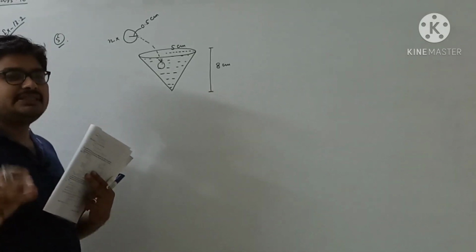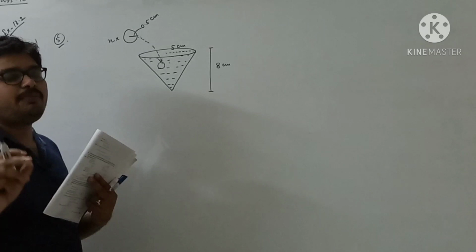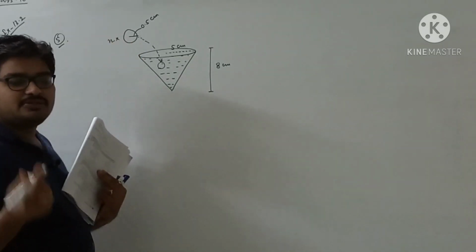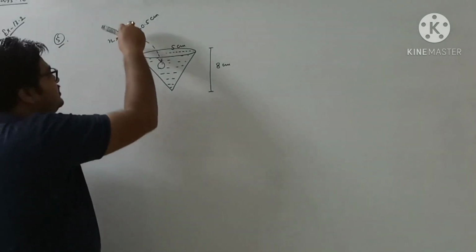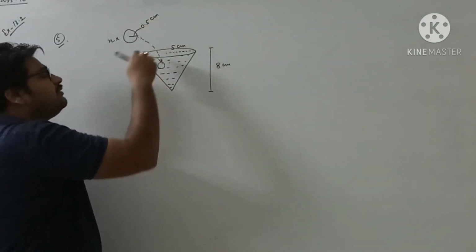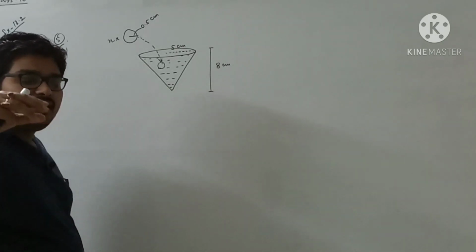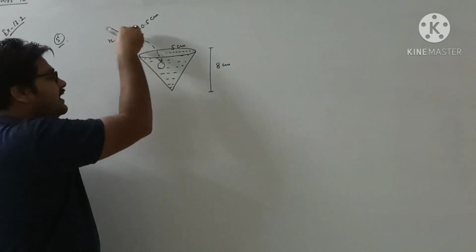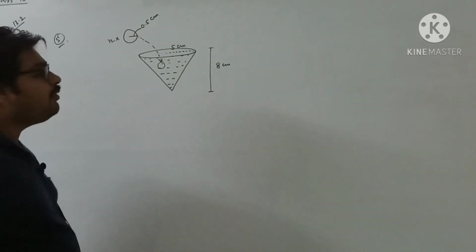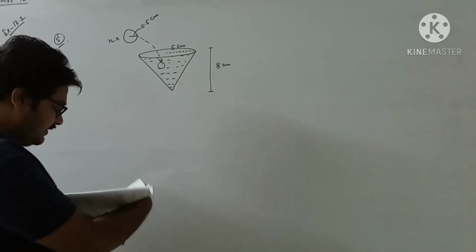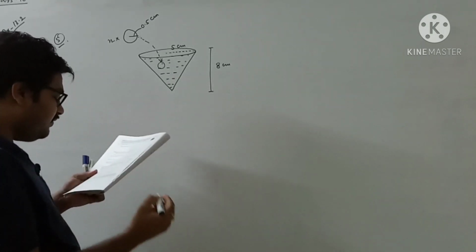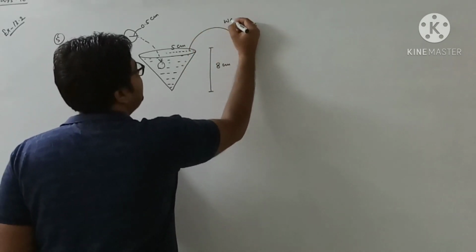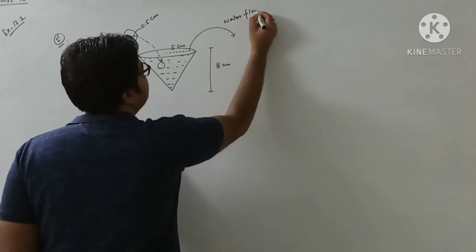It has been told in the question that each lead shot has radius 0.5 centimeter and looks like a sphere. But the question is how many lead shots have been dropped in it. So I have chosen n number of lead shots dropped in. And what has happened? For that, 1/4 of the water flows out.